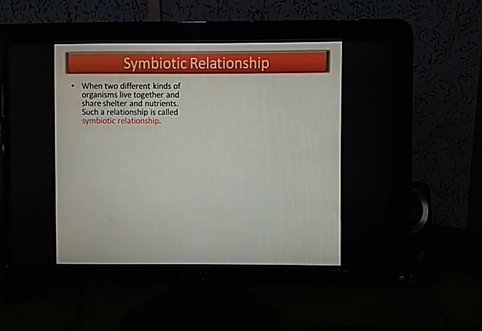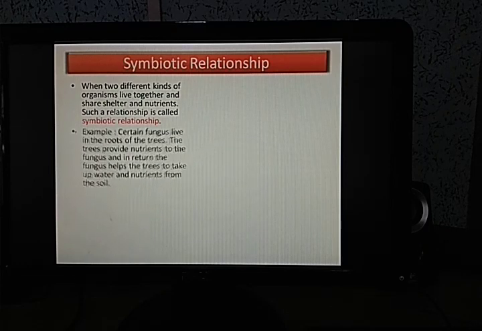It is just like bringing a guest to our home and living together, or calling a friend of yours and sharing the same home, sharing the same food. This is a symbiotic relationship. So such a phenomenon also occurs in nature, where two different kinds of organisms live together in the same environment and help each other in getting their nutrients.